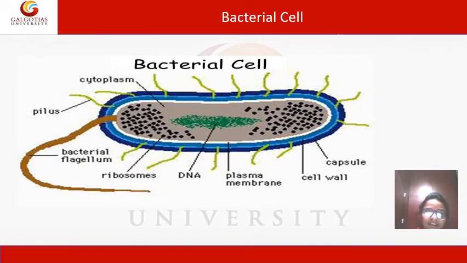Now you can see there is one brown colored tail. This is a long tail which is known as a flagella. The flagella is a long thread structure which is longer than the pilus. The function of the flagella is locomotion, which means the bacteria is able to move from one place to another with the help of the flagella.